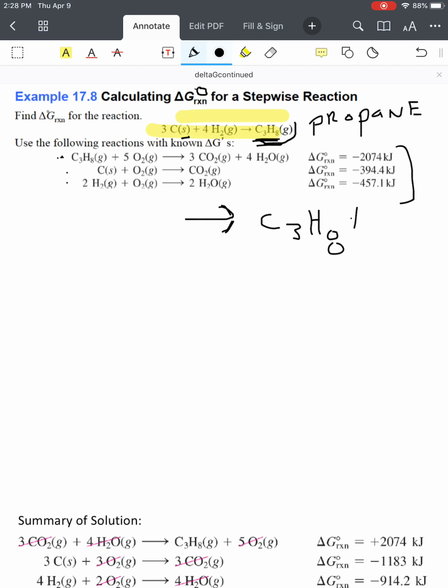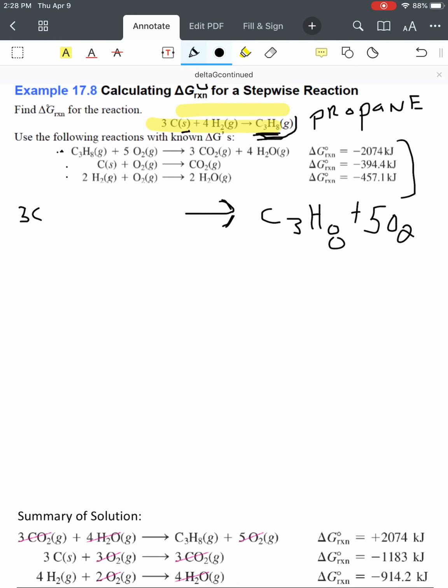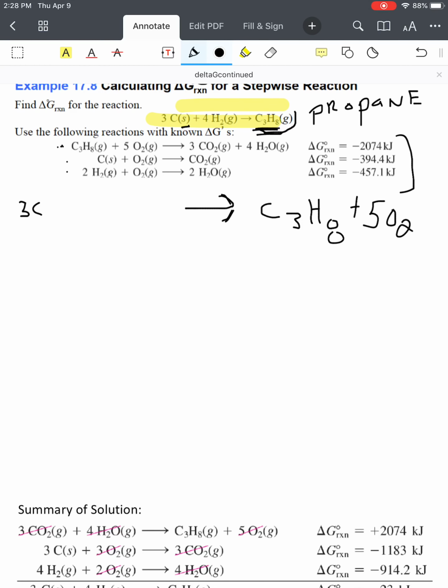I'll put my C3H8 as a product, and if I reverse the reaction, 5 copies of oxygen is also a product. 3 copies of CO2 are a reactant. And it also looks like 4 copies of H2O come along for the ride as well.